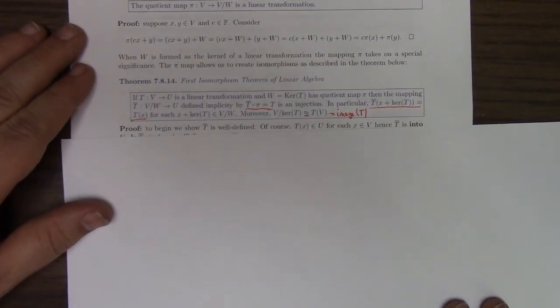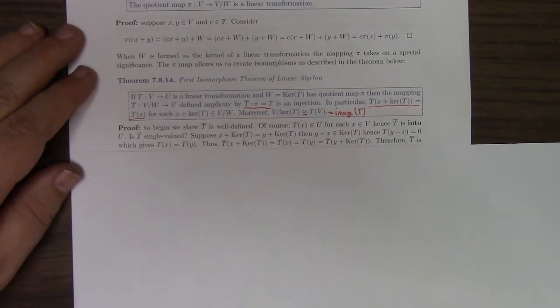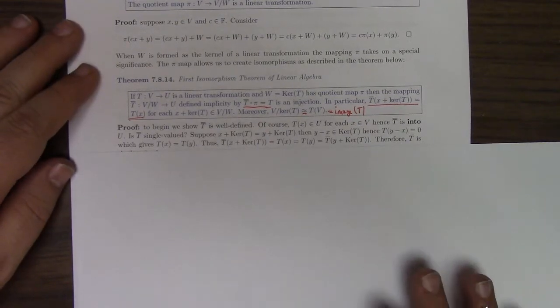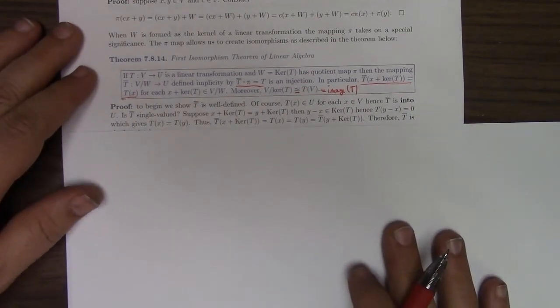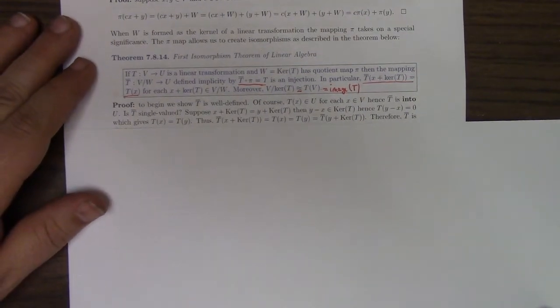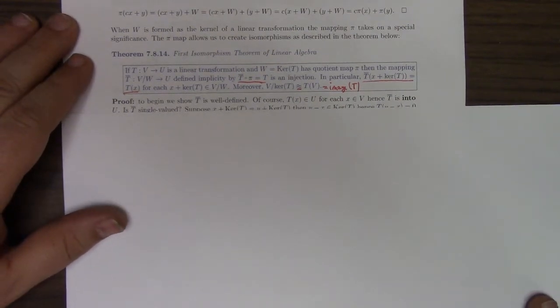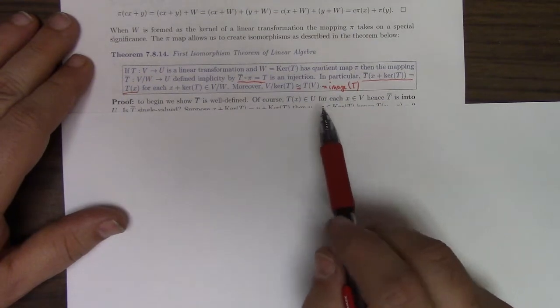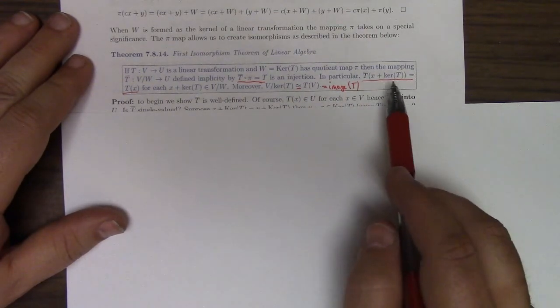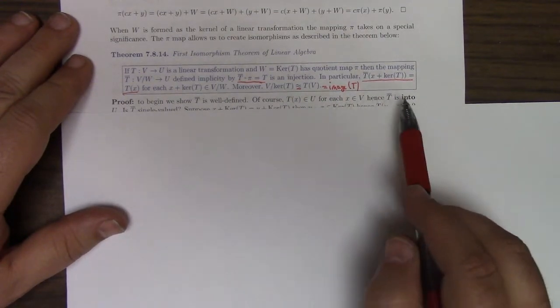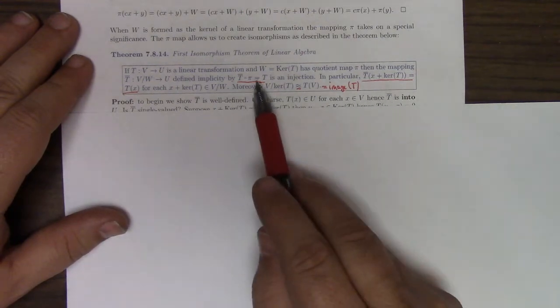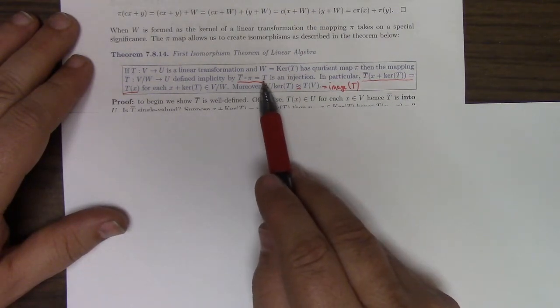Now, the proof of the first isomorphism theorem is given below. All right. So the first thing to do is to show that it's in fact well defined. So T bar: well, T of x is in U by construction.